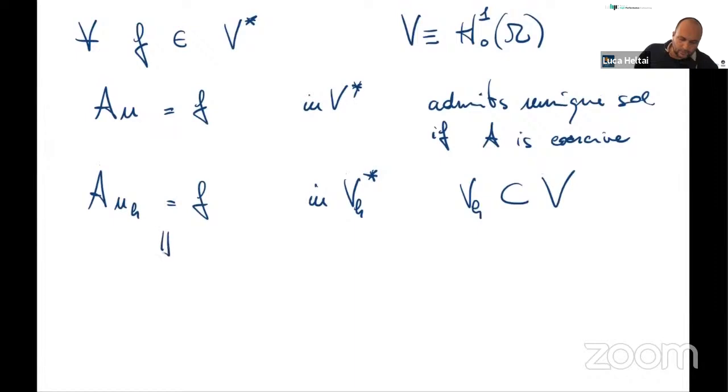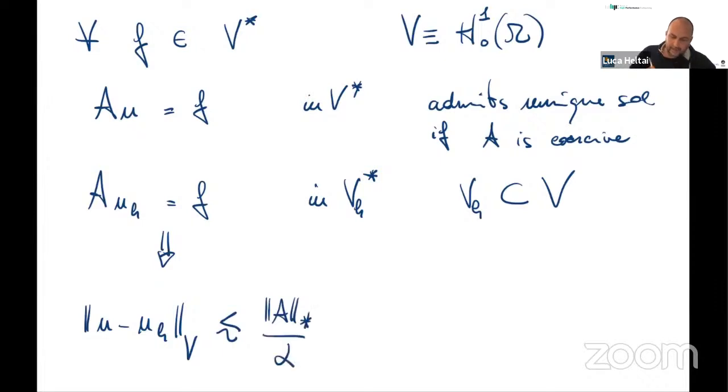And from these two, we got to the conclusion that the V norm of u minus u_h is controlled by the norm of A divided by alpha, where A is coercive with constant alpha, which is written over there. And this was the infimum over v_h in capital V_h of the norm of the exact solution minus v_h.